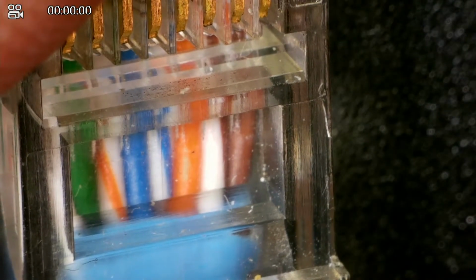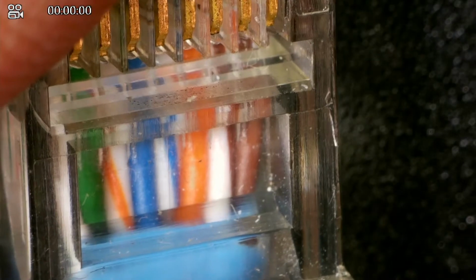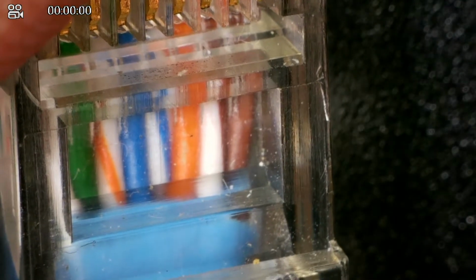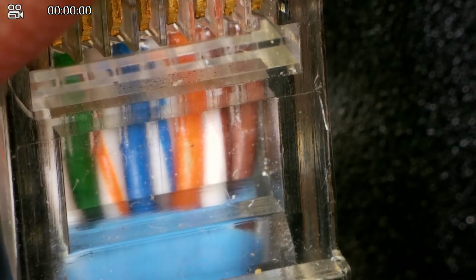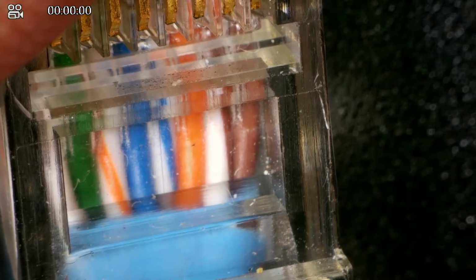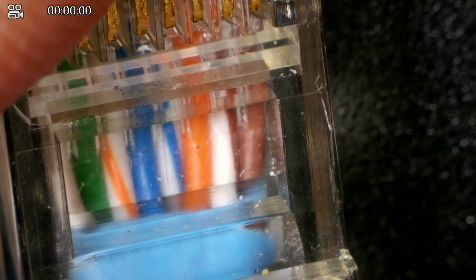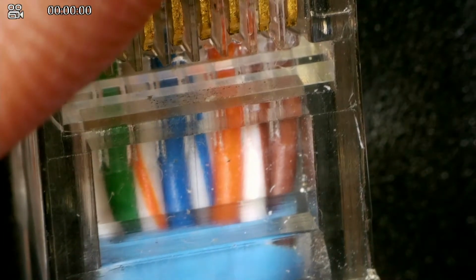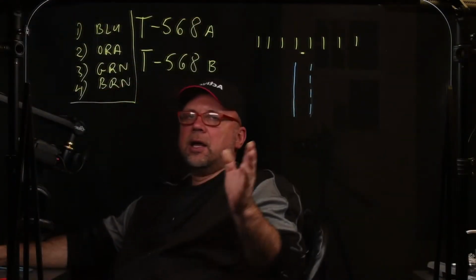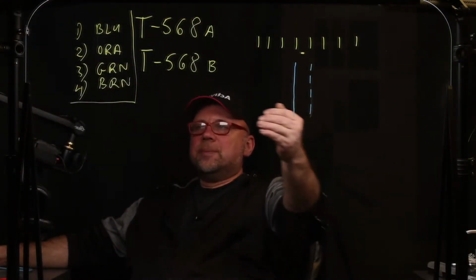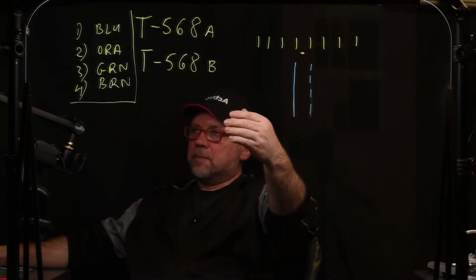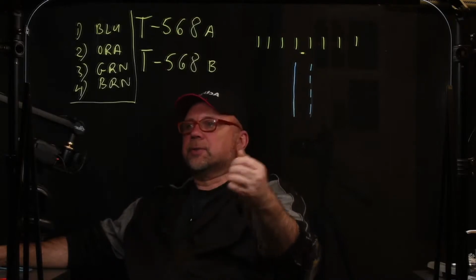Then around that blue pair goes the orange, but you see the polarity is reversed. The stripe goes on the left and the solid goes on the right. So all the pairs in this jack are going to be stripes on your left. Just go by the way you're looking at it.